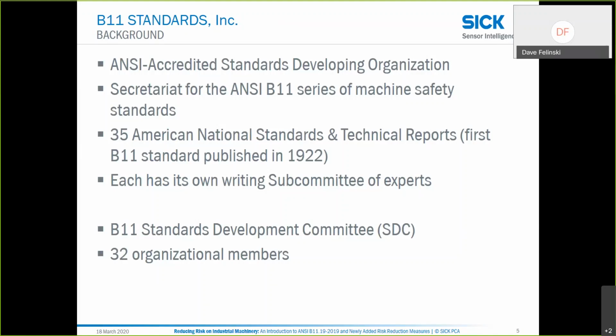So just a little bit of background about ANSI B11 standards. We are one of approximately 230 organizations around the United States that are accredited by the American National Standards Institute to develop American national standards. The topic of our standards is the safety of machinery, and the designation is ANSI B11.